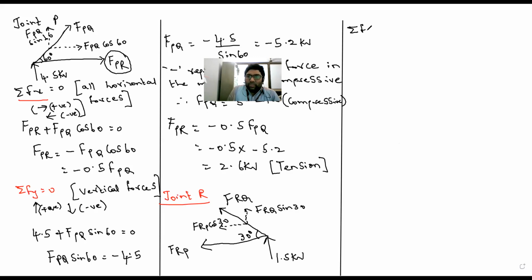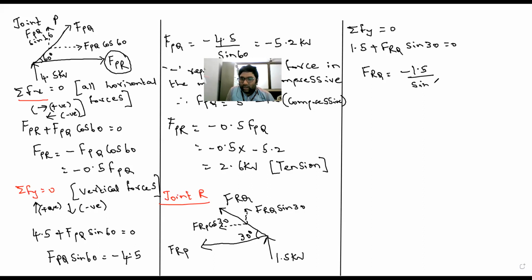So sigma Fy is equal to 0, that implies 1.5 plus F_RQ sin 30 is equal to 0. So F_RQ is equal to minus 1.5 by sin 30.